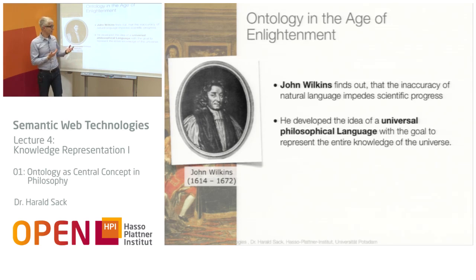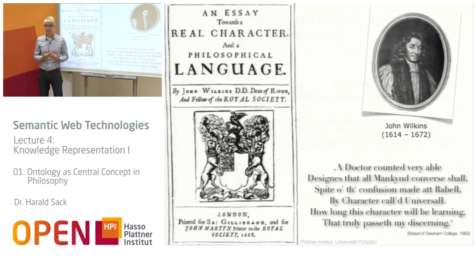So what he came up with was the idea to develop a universal philosophical language with the goal to represent the entire knowledge of the universe with unique words, with unique concepts that have a unique meaning. So that when people talk to each other using this language, they really would understand each other, so there would be no ambiguity.